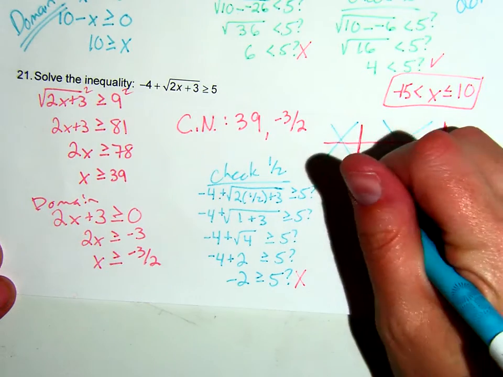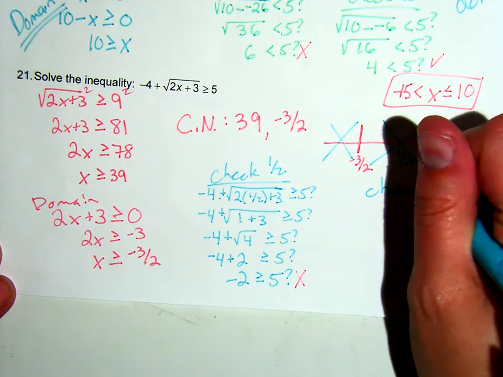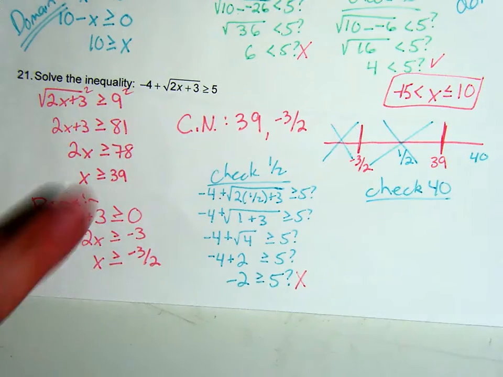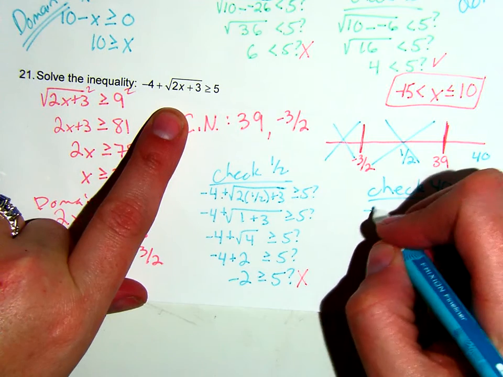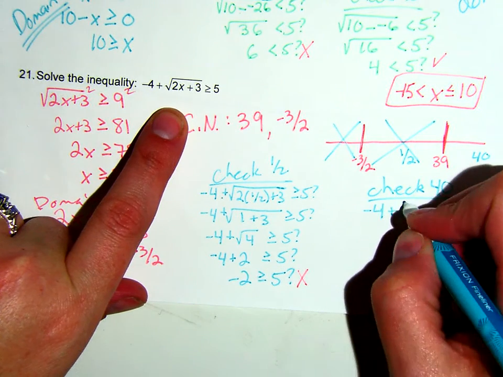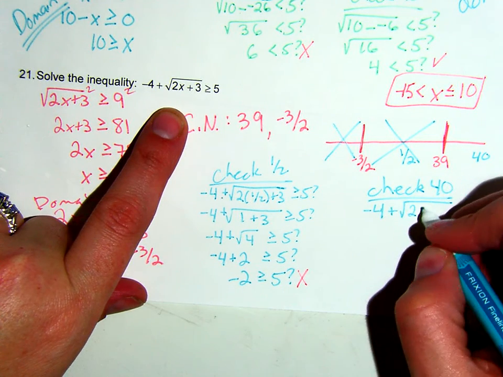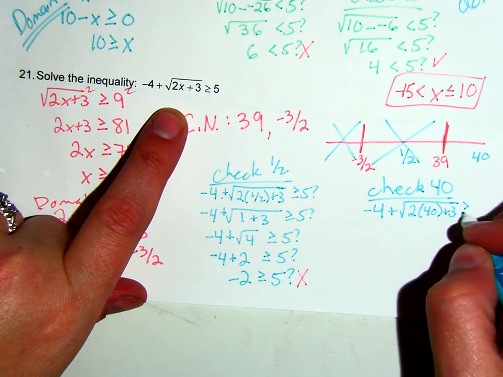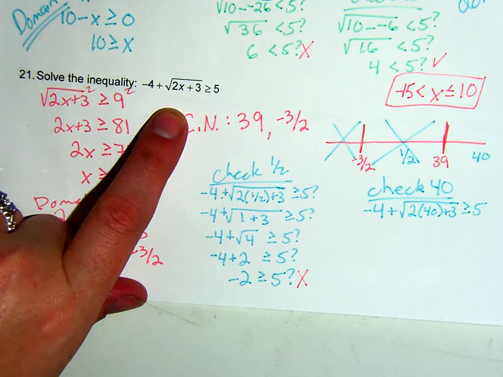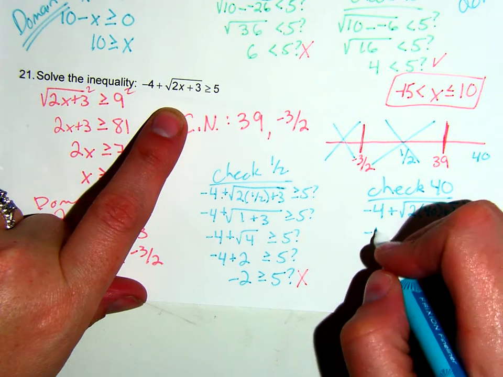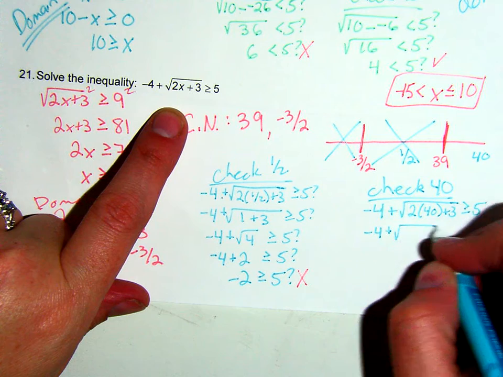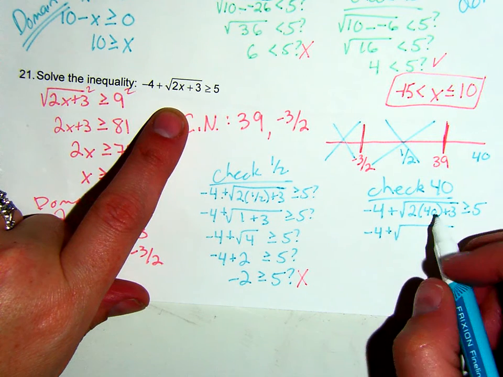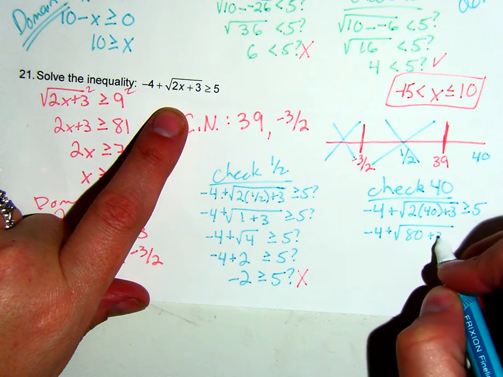Our last check, we are checking 40. So we take 40 and plug it in. Negative 4 plus the square root of 2 times 40 plus 3, is that greater than or equal to 5? 2 times 40 is 80, plus 3.